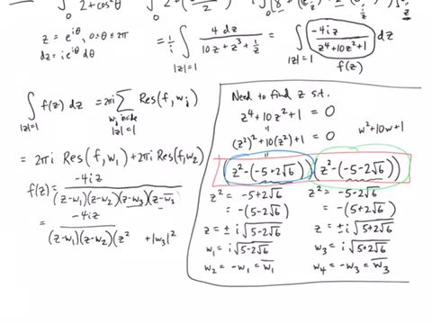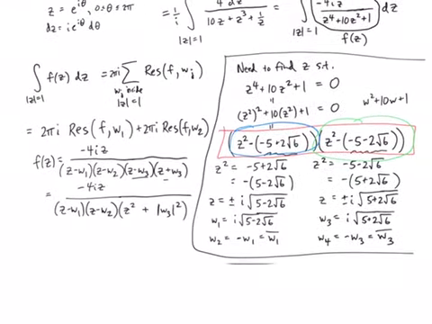Since w4 is negative w3, the cross term from the FOIL gives 0. So in fact this product is just z squared plus norm w3 squared.